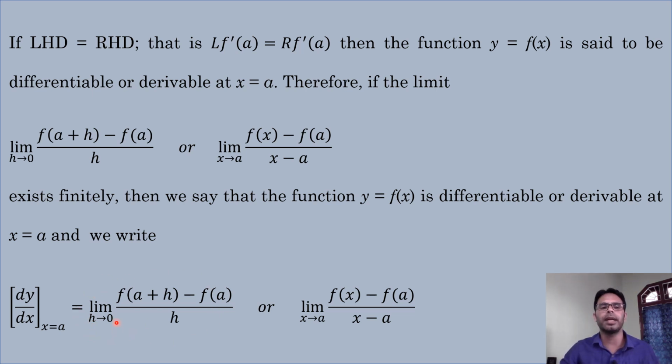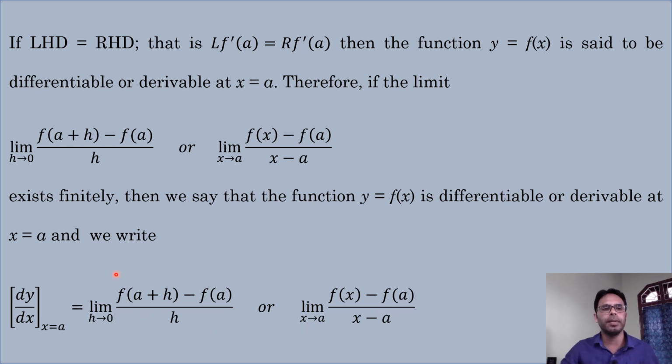This time you should not write h tends to 0 plus or 0 minus, or x tends to a plus or a minus, because this is full differentiation, meaning both the limits are equal and exist finitely. So there is no need to write x tends to a plus or x tends to a minus. Both the limits are covered here.